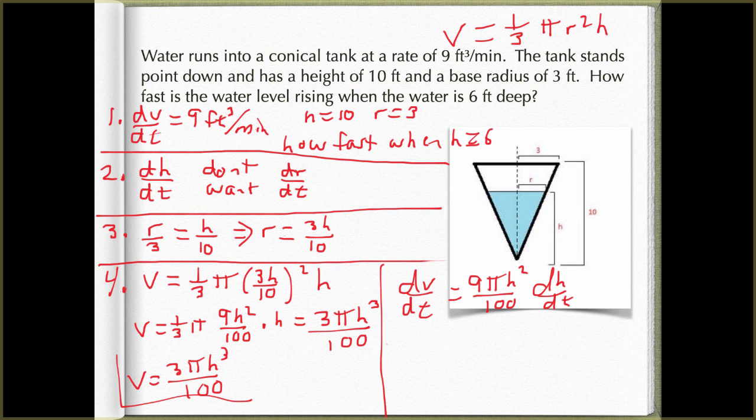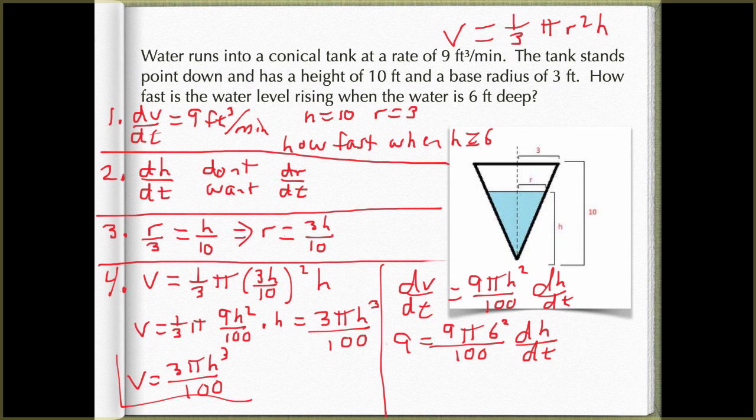We know dV/dt is 9, because it's 9 feet cubed a minute. We know we're looking at this when our height is 6, so 6 squared over 100. And we do not know dH/dt. That's what we're trying to solve for. How fast is the height changing?